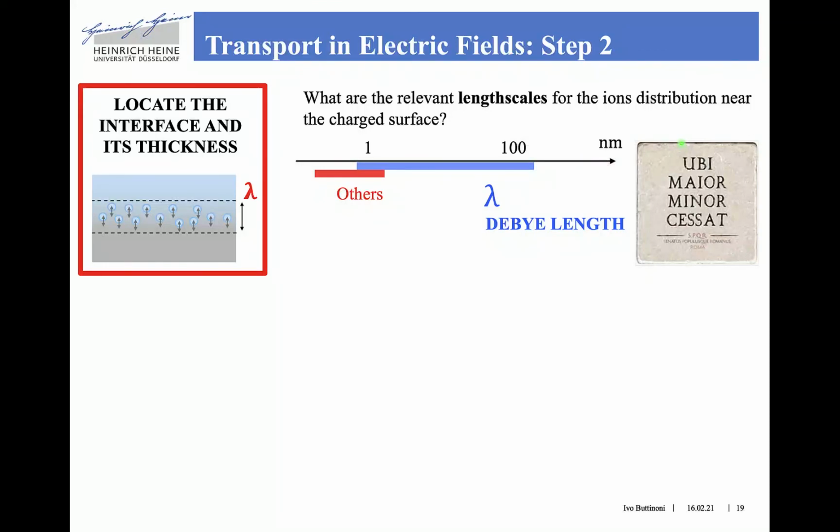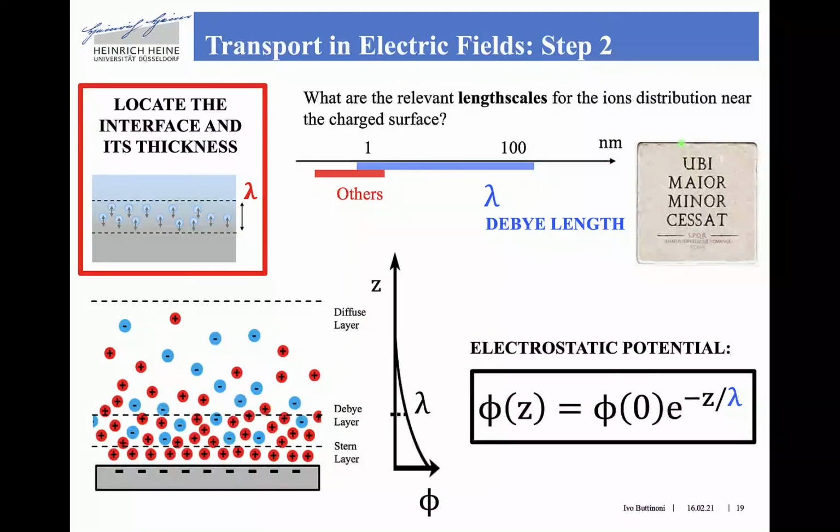As a result, our Debye length describes well enough the diffuse clouds of counter ions near a charged surface, and as I'm pretty sure you know already, is the characteristic length of the exponential decay of the electrostatic potential, as shown here. This is valid if we exclude what happens very close to the charged surface.